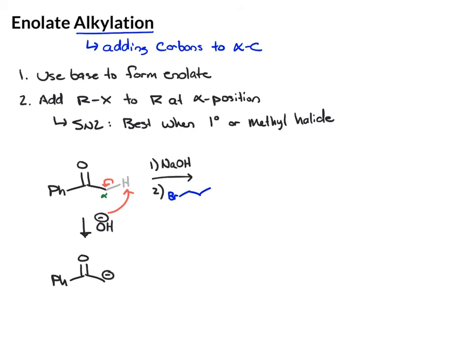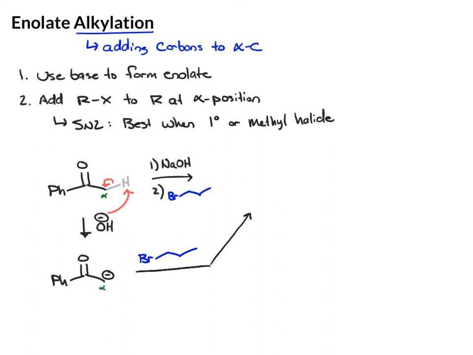That gives us the enolate. Generally, when doing these alkylations, it's easiest to just draw the resonance structure where the negative charge is on the alpha carbon because that's where you're alkylating. Next, we'll get to the product by adding the propyl bromide.